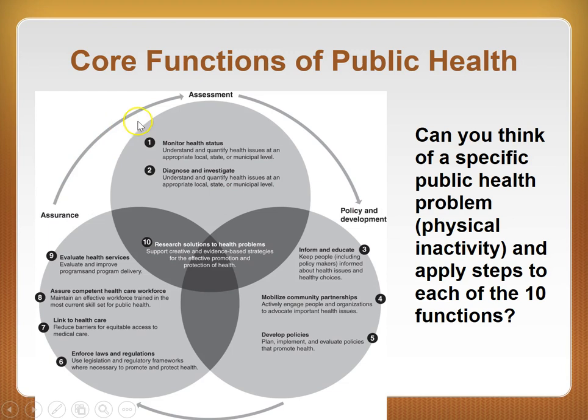As we can see here, from assessment, this is a cycle. Assessment to policy development, then to assurance, and then back to assessment. The 10 core functions are meant to interact in a circle to maximize public health.